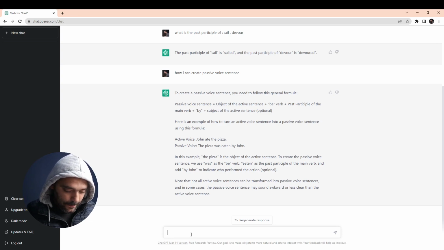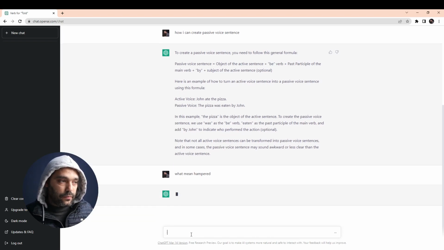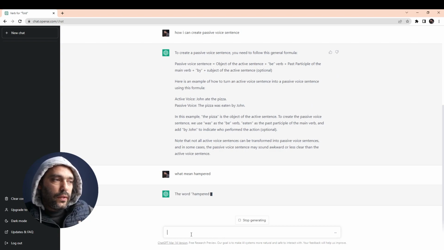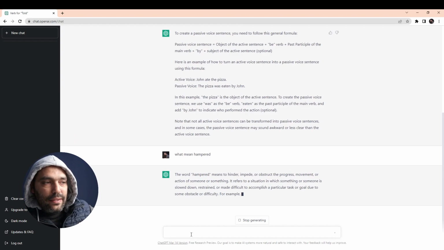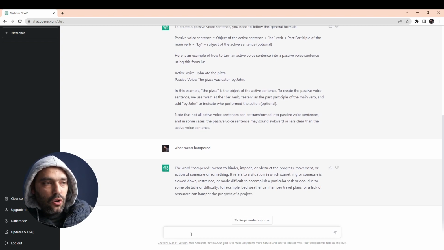Okay, the next question: what does hampered mean? The word hampered means to hinder, impede, or obstruct the progress, movement, or action of someone or something.